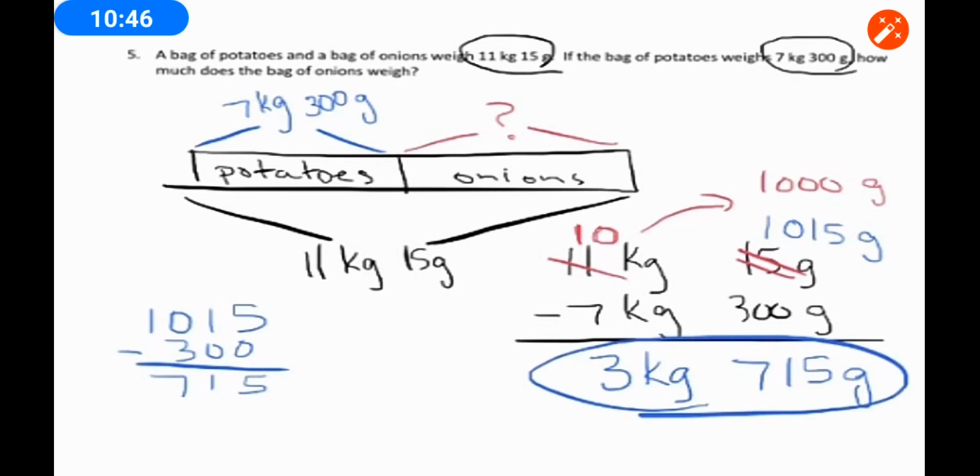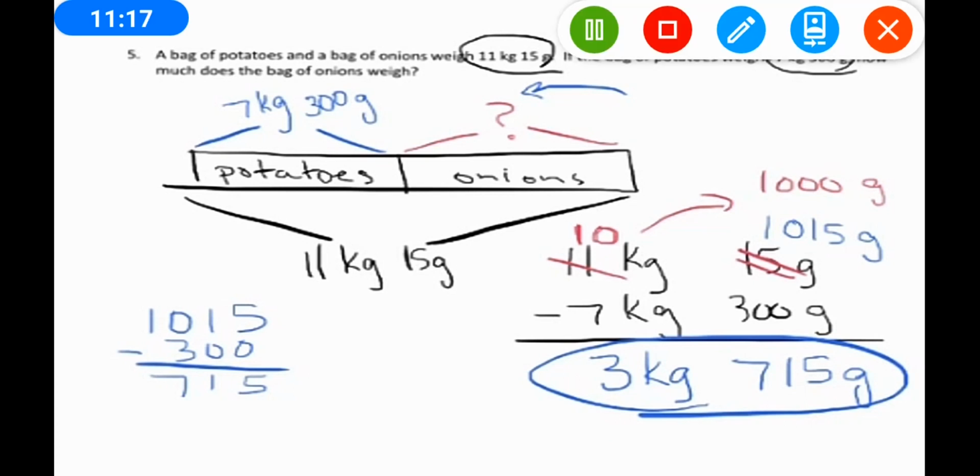So when you subtract the potatoes from the total of potatoes and onions, you get the onions. So the bag of onions weighs 3 kilograms, 715 grams.